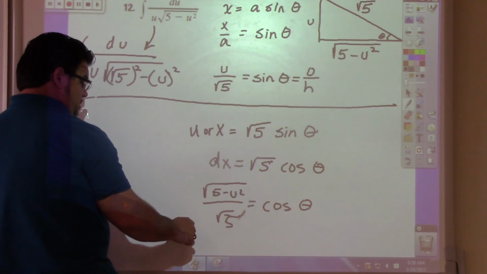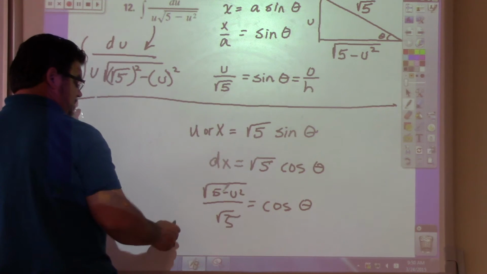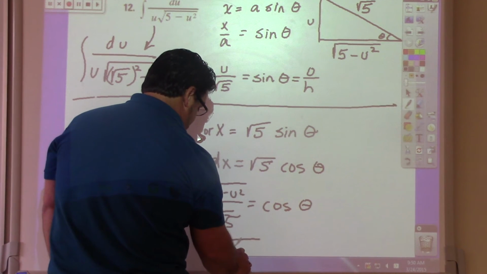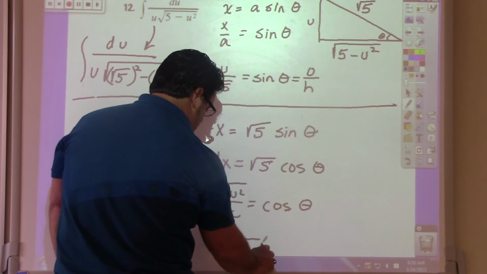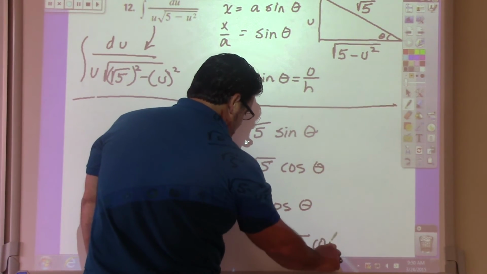So the square root of 5 cosine of theta is equal to that. So the square root of 5 minus u squared is equal to the square root of 5 cosine of theta.